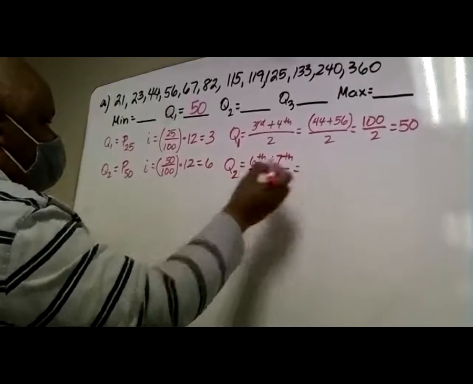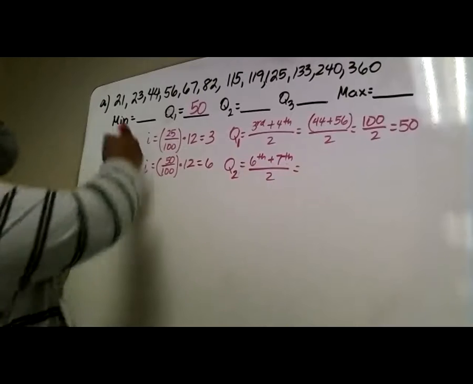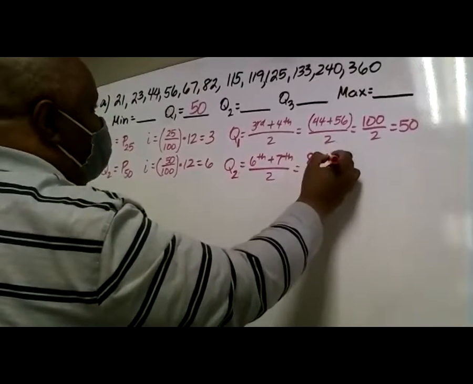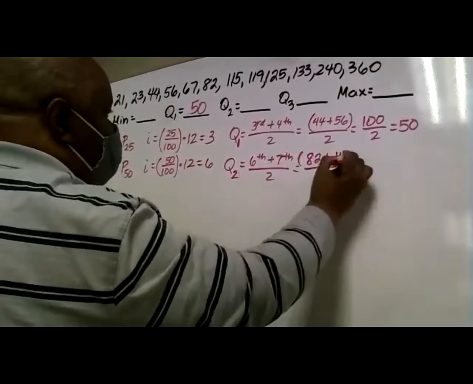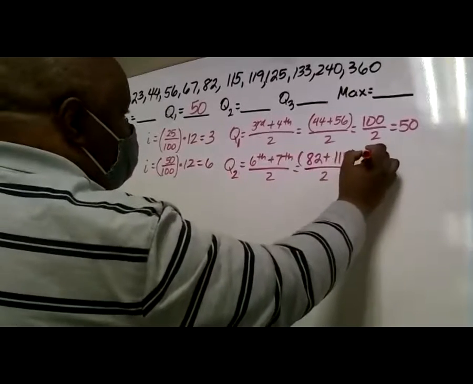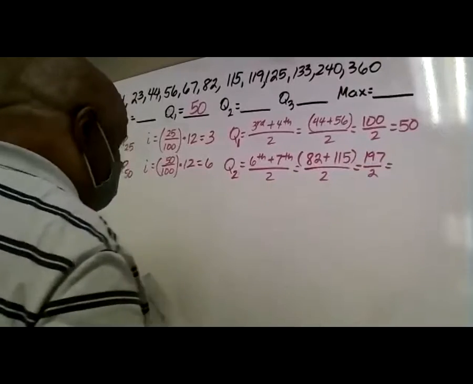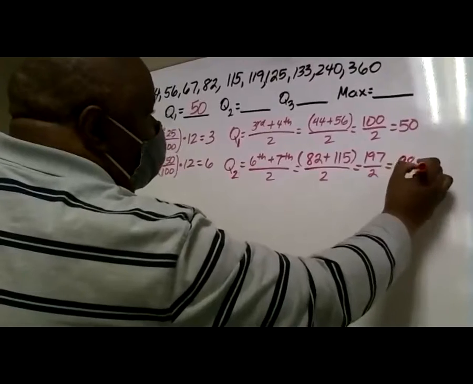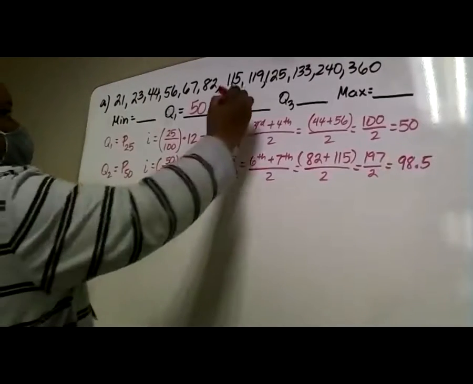I'm going to get its average. What's the 6th number? 82. And what is the next number after that? 115. Divide that by 2. This will be 197 divided by 2, which is 98.5. So that's Q2.